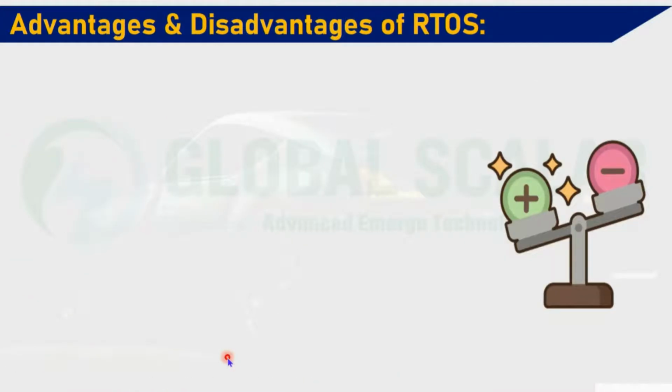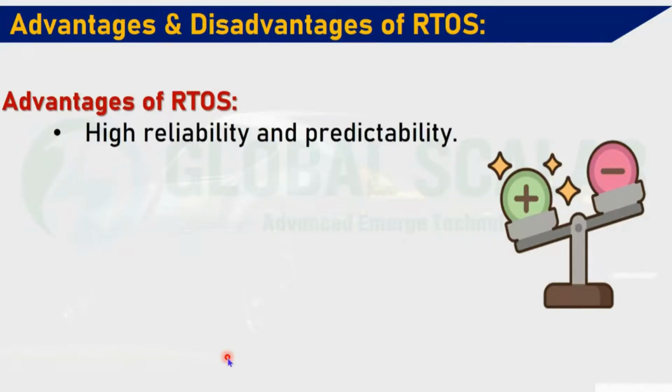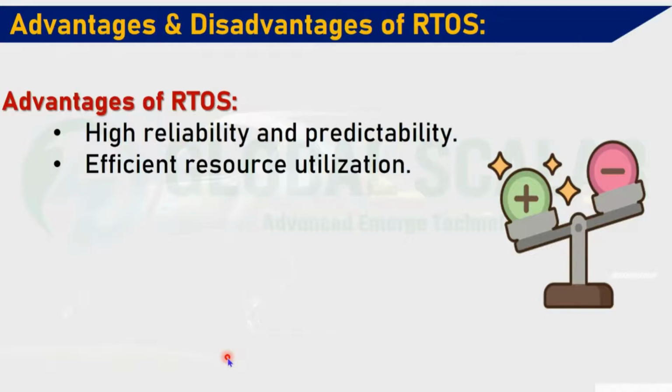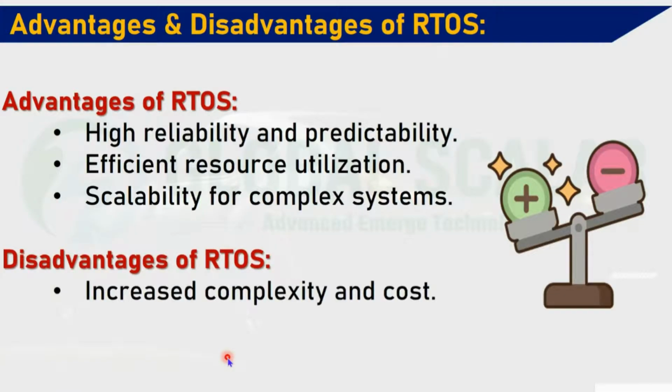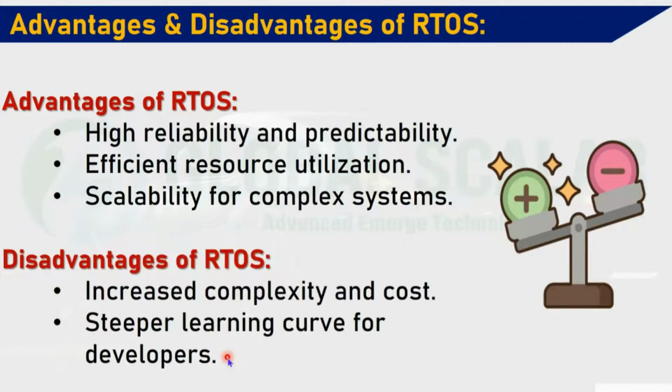And the advantages and disadvantages of RTOS. Advantages of RTOS are high reliability and predictability, efficient resource utilization, and scalability for complex systems. Disadvantages of RTOS are that it increases the complexity and the cost.